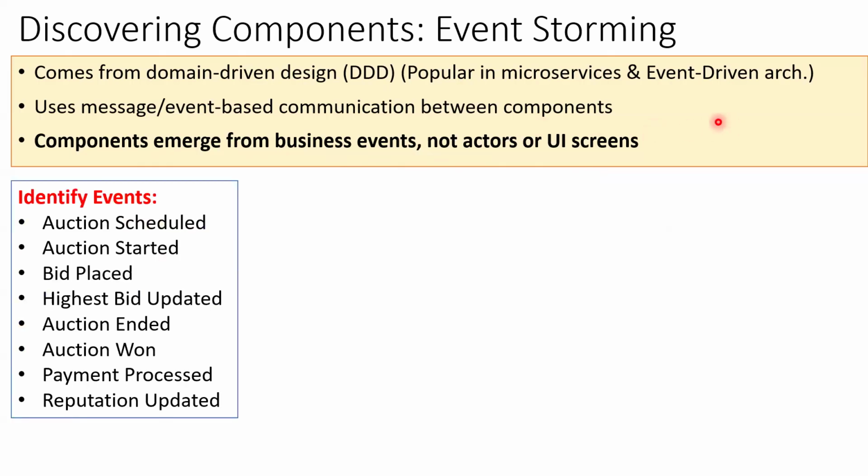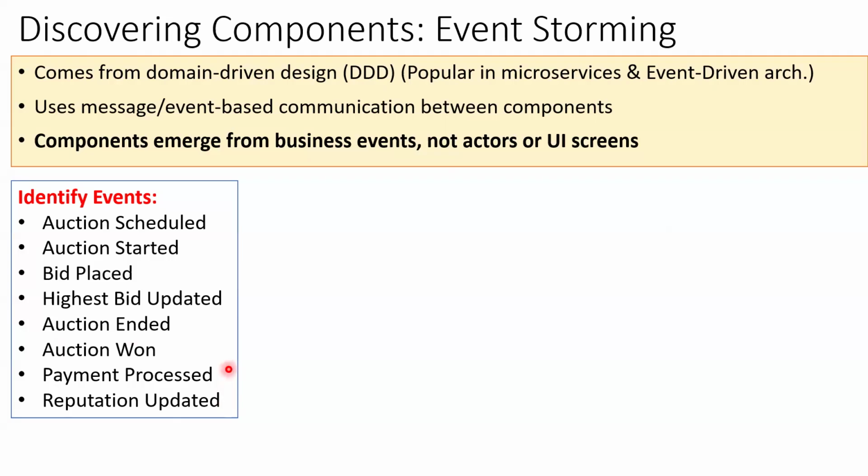So here is the same example: what kind of events are happening in this auction system? Auctions being scheduled, auction started, bid placed, highest bid updated, auction ended, auction won, payment processed, reputation updated.